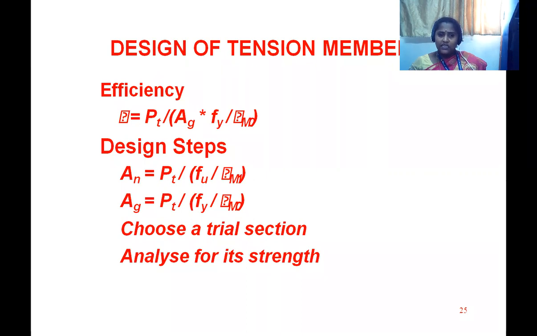Earlier, in the previous code IS 800 1984, the method of design followed was the working stress method of design, whereas now in IS 800 2007, the method of design has been changed to the limit state method of design. That is the drastic change. And moreover, coming to the connections, earlier we had bolted, welded and riveted connections too.